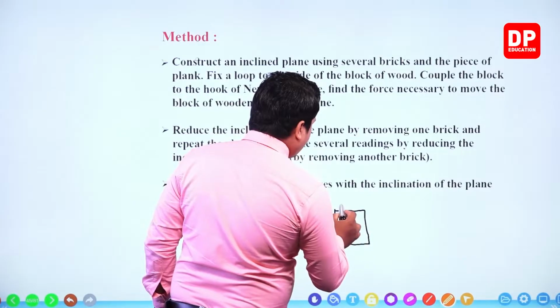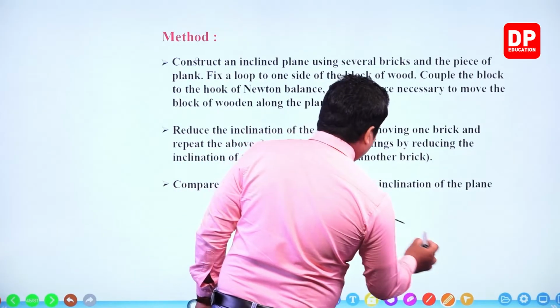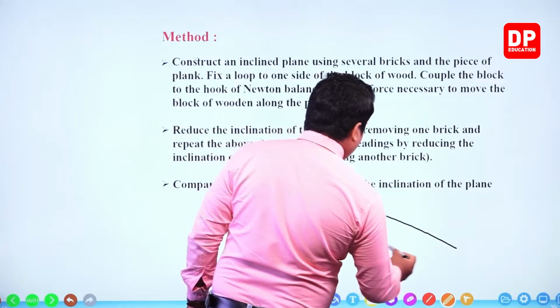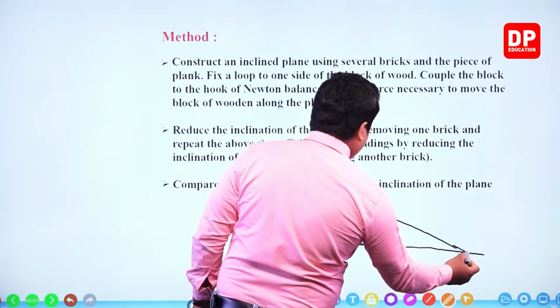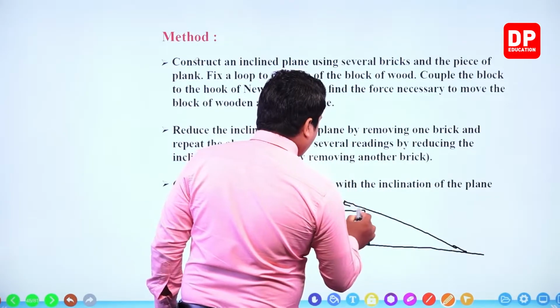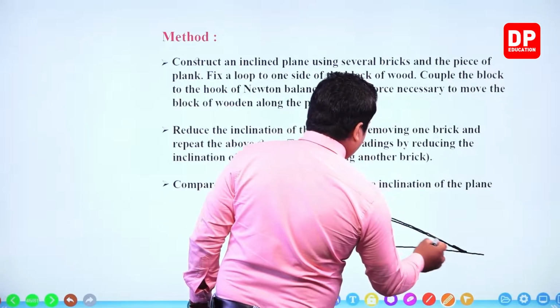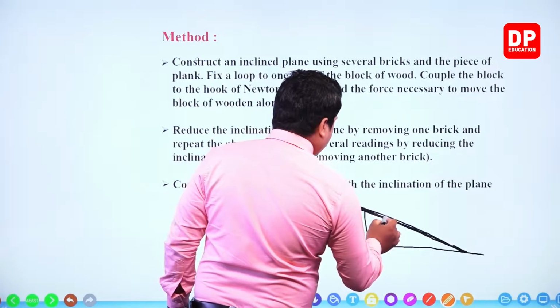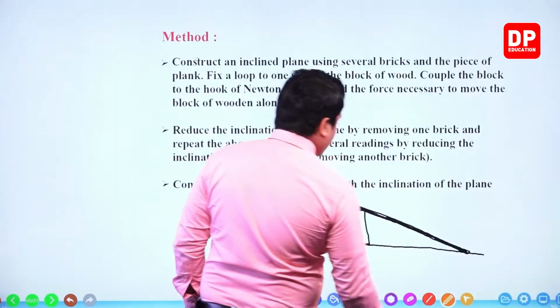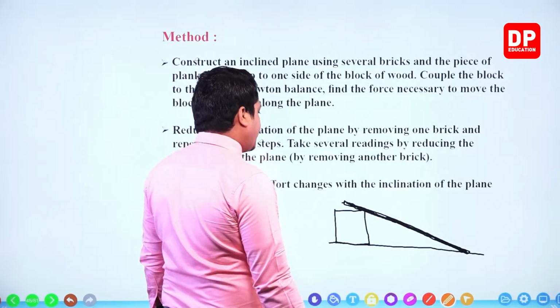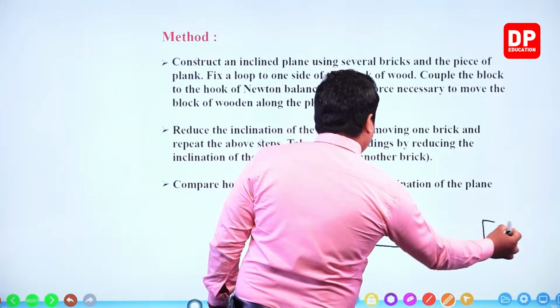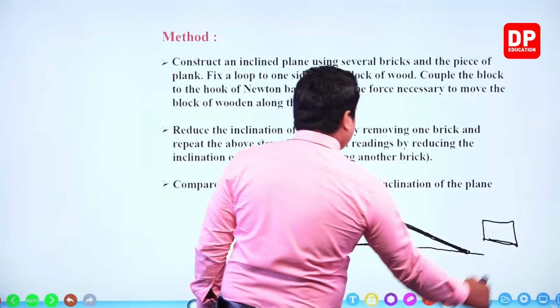Then, my dear children, you can place the other wooden sheet like this, the inclined plane.